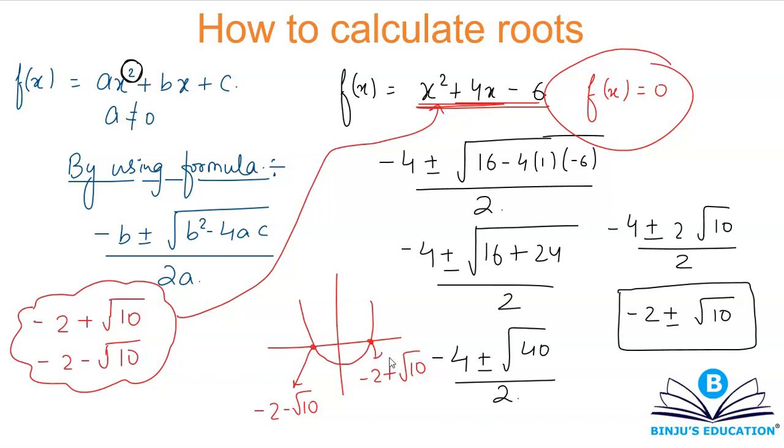You can call these roots or x-intercepts. It's one and the same. But the meaning of roots is that when you put these values in place of x in the function, you will get f(x) is equal to 0. This is the meaning of the terms roots, solutions, or x-intercepts.